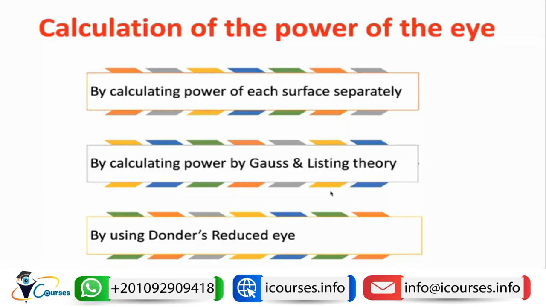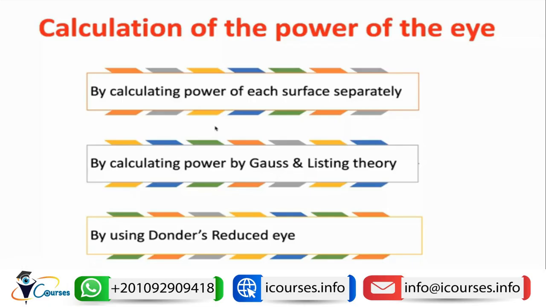If there are different refracting surfaces centered on a common axis, they are called a compound homocentric system, and by knowing the rules of Gauss and Listing theory, we can calculate the power if we consider the eye as a thick lens. The third method is called Donder's reduced eye. So let's start first with the calculation of each refracting surface power separately.